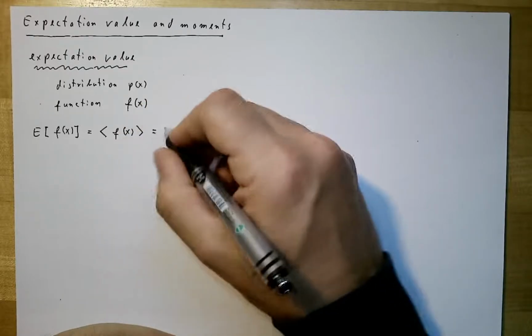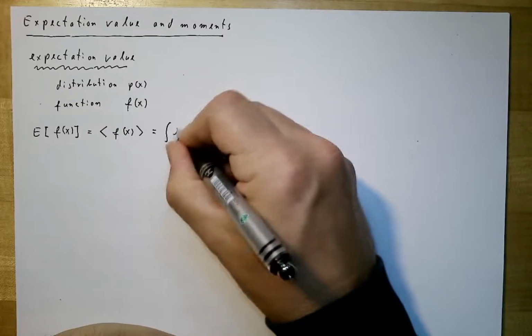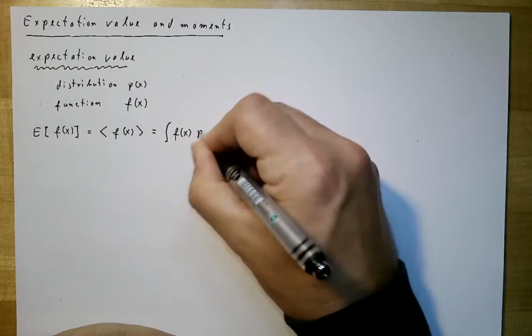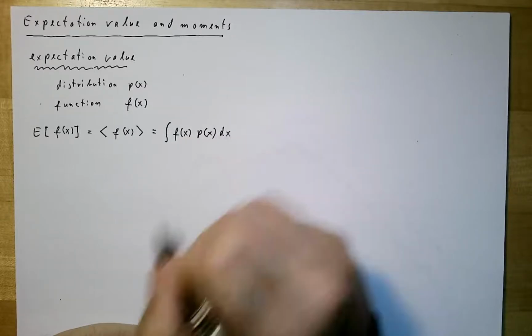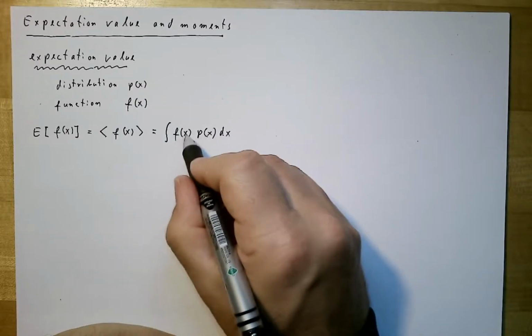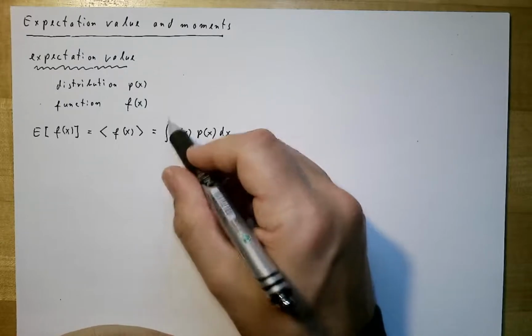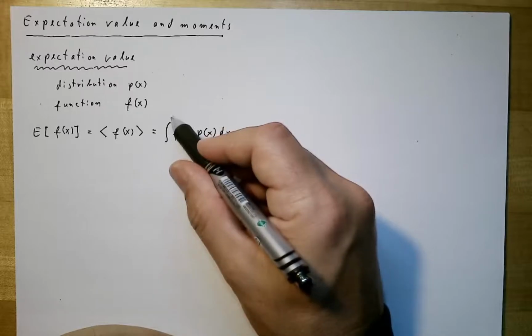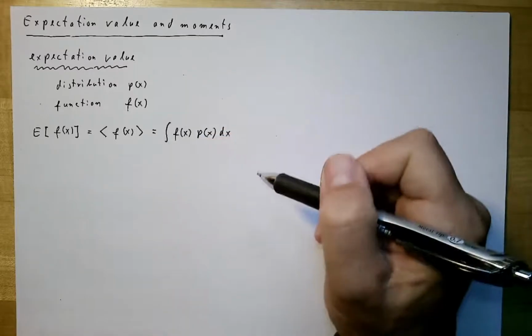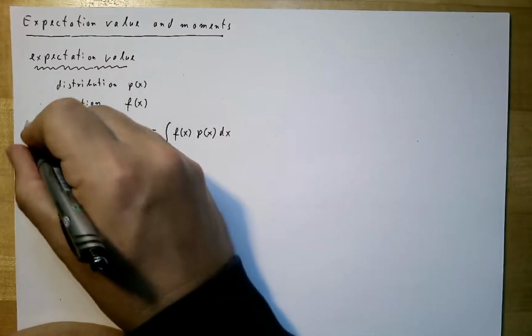This is just defined as an integral over our probability distribution, integrated over the random numbers dx, but weighted with the function. The borders go over the interval of the distribution, either from minus infinity to plus infinity, or the range where the random numbers are defined.